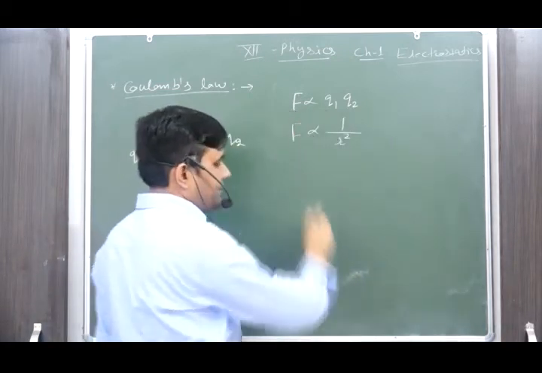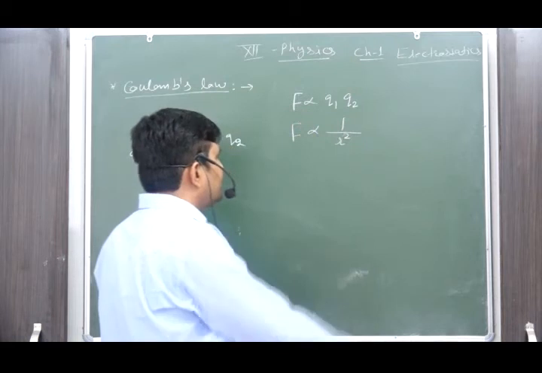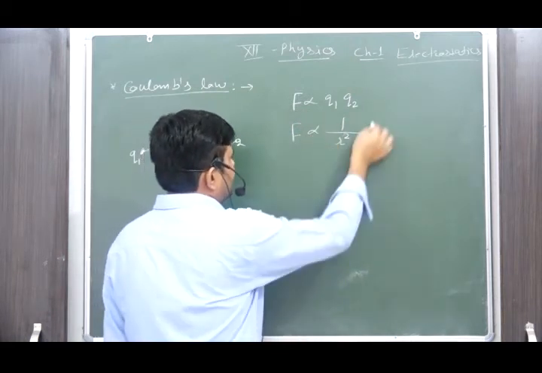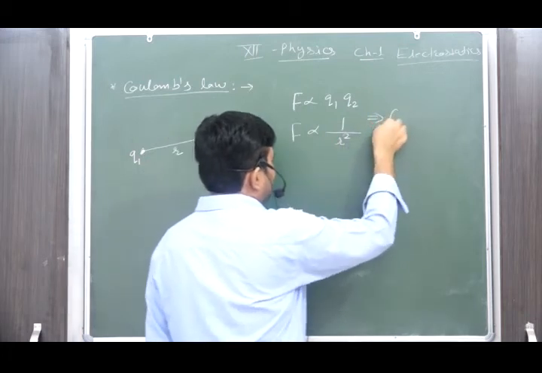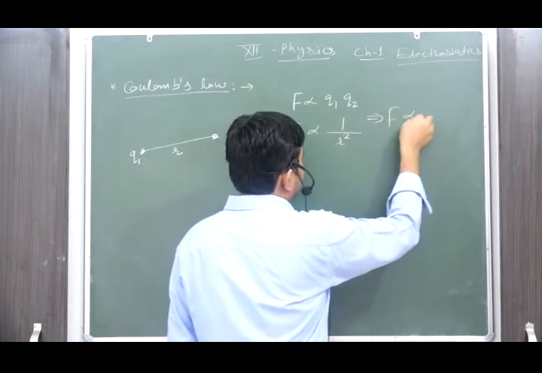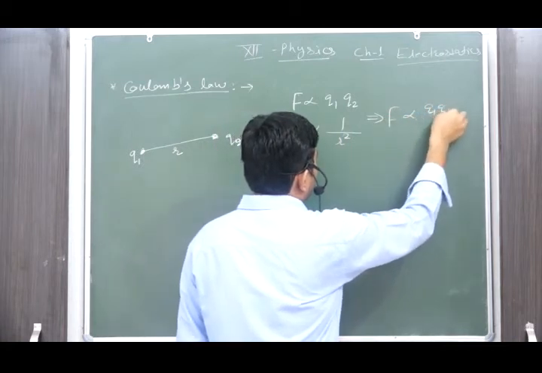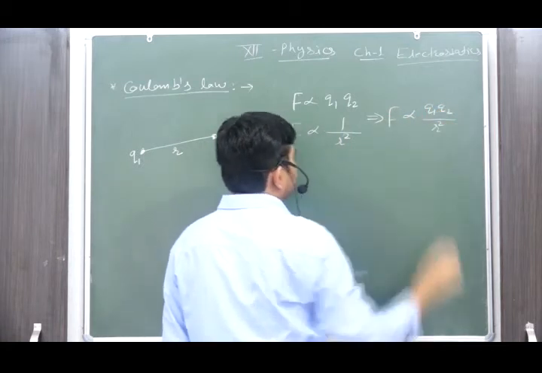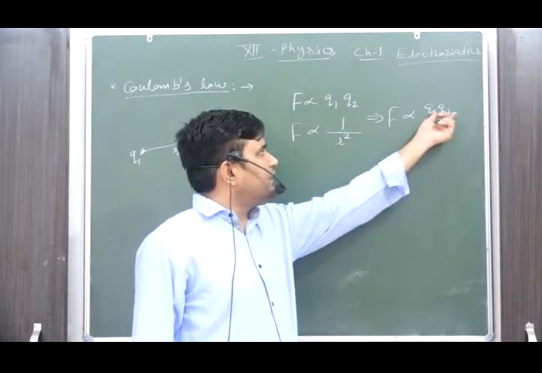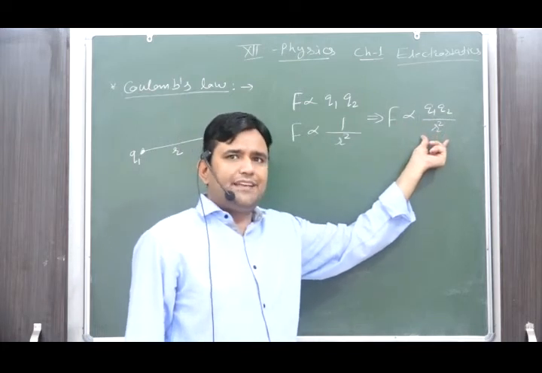F is directly proportional to Q1 Q2, and F is inversely proportional to r square. After combining both, we get the force F directly proportional to Q1 Q2 upon r square. Now it is the force between the charges Q1 and Q2, separated by a distance.